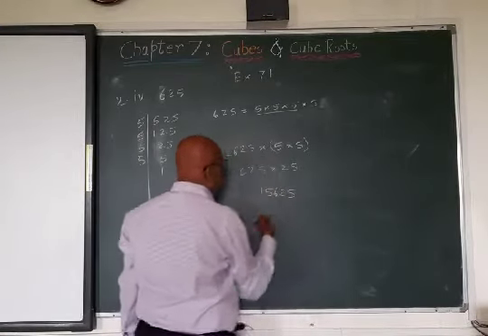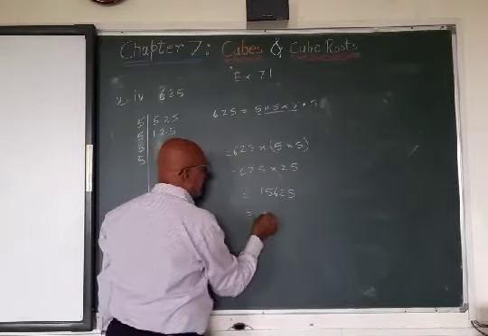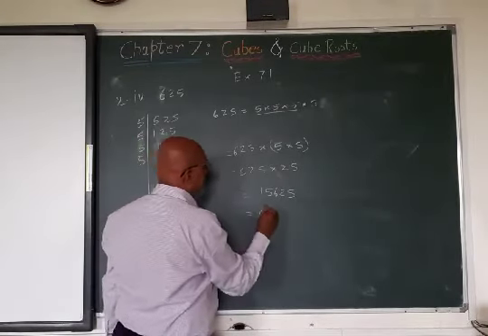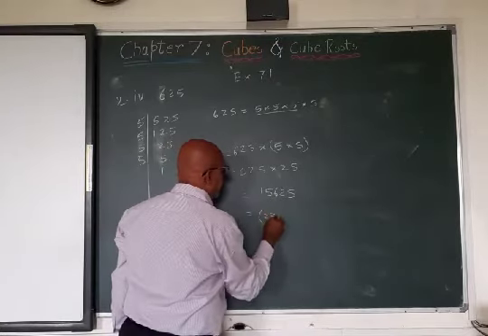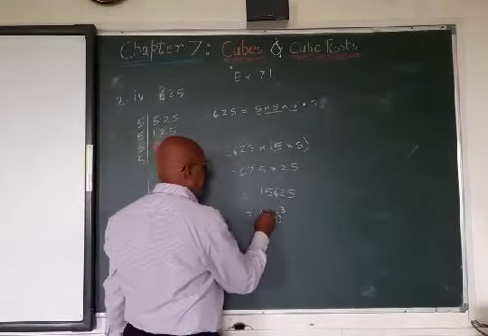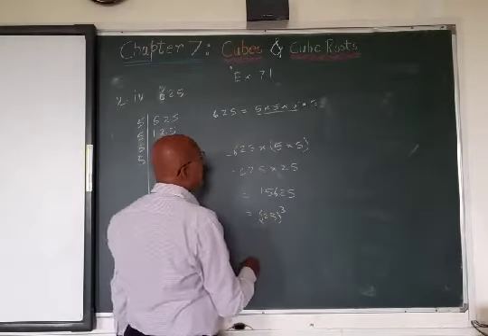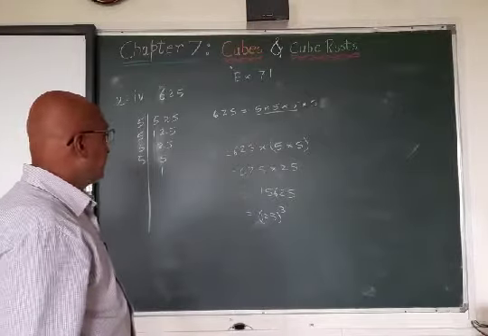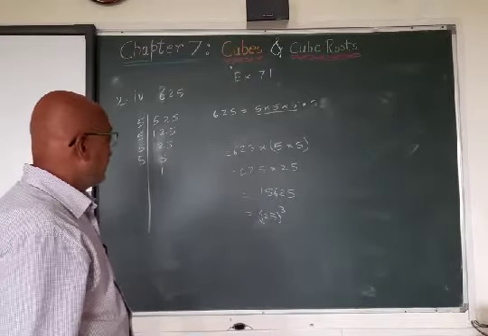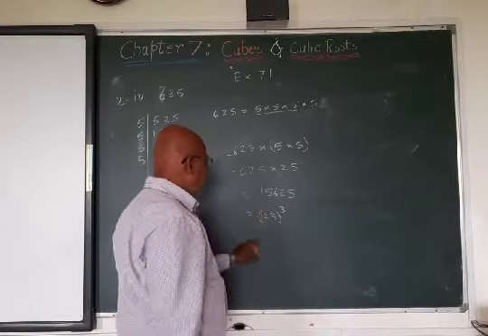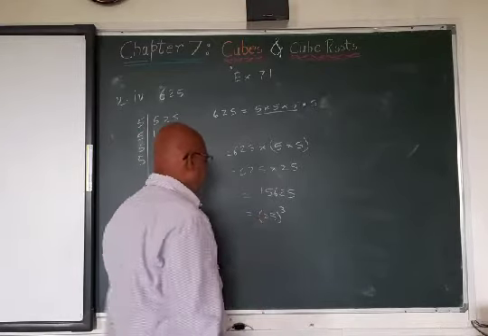So this number we get, which is a perfect cube of 25. Is 125. So it is a perfect cube of 25.